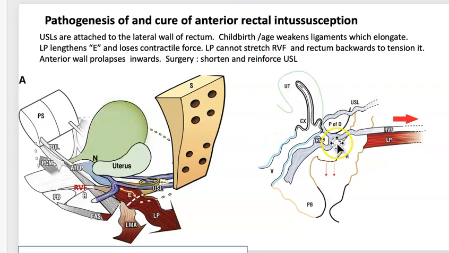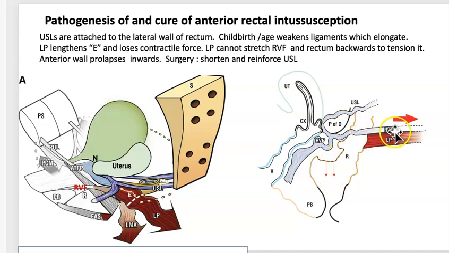I want you to look over here on the right. Now, here's the uterosacral ligaments. If they lengthen, remember the uterosacral ligaments attach to the rectovaginal fascia here, and if they're loose, the rectovaginal fascia, which separates the vagina from the rectum, becomes loose, and the anterior wall of the rectum prolapses in.